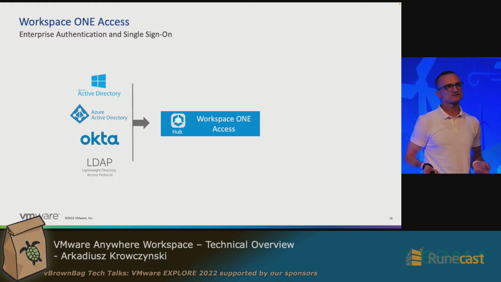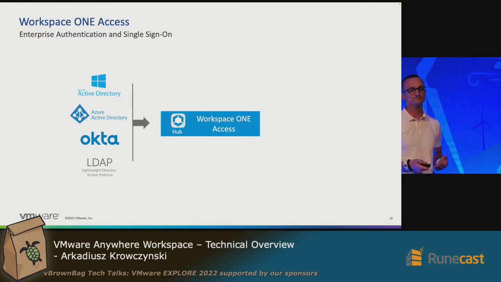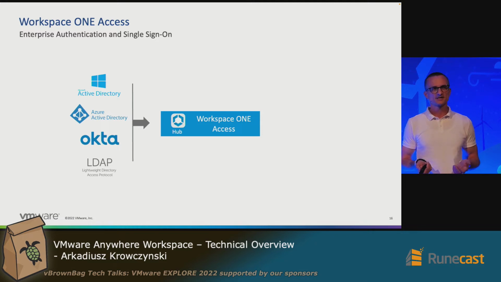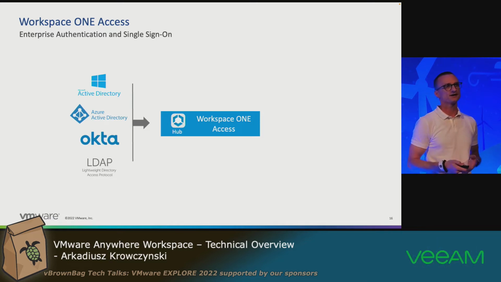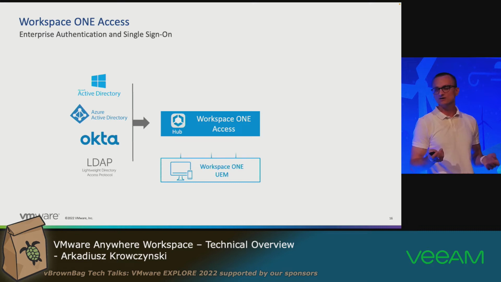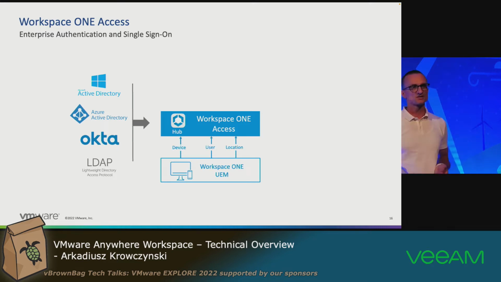In addition to this, with WorkspaceOne Access, you can configure several other directory types. So if you are cloud native, you can, for example, onboard your Microsoft Azure or your Okta identity providers with WorkspaceOne Access and redirect to your identity provider and then authenticate against WorkspaceOne Access together with WorkspaceOne UEM.